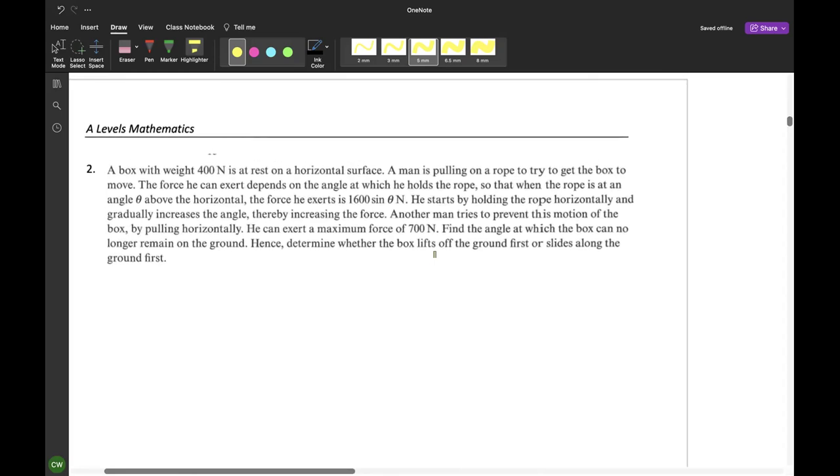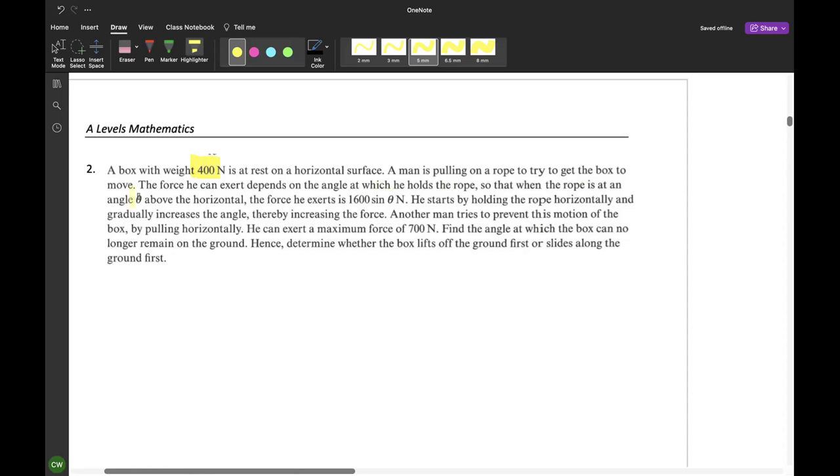Next one, try to read. Read and see. 400 Newton box rests on a horizontal surface. A man tries to make the box move. He exerts a force depending on the angle.